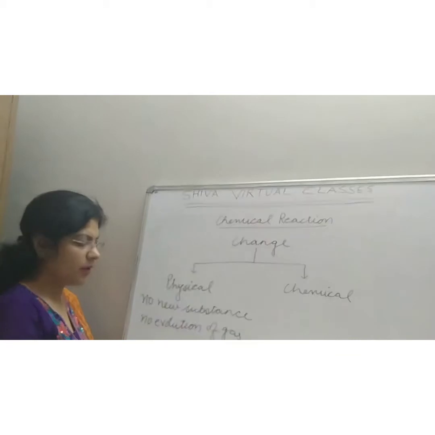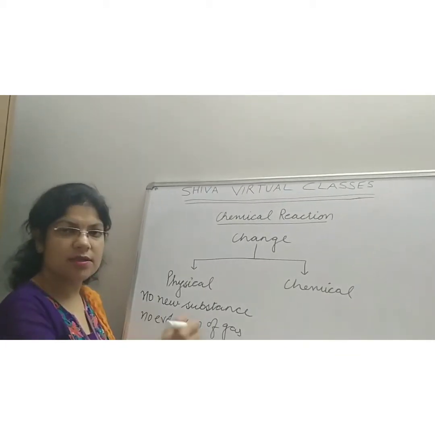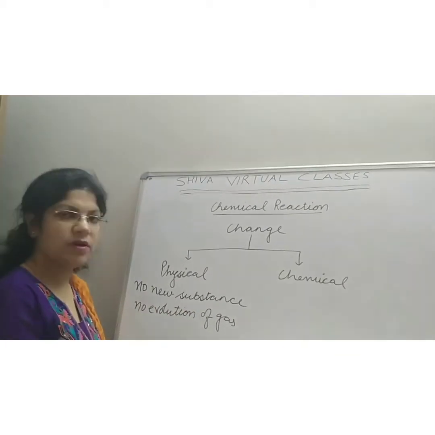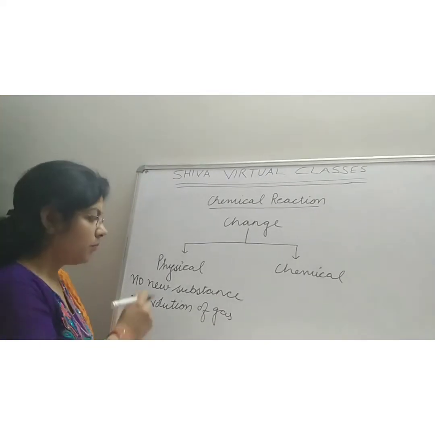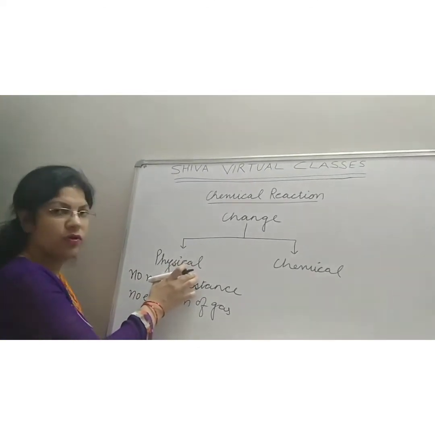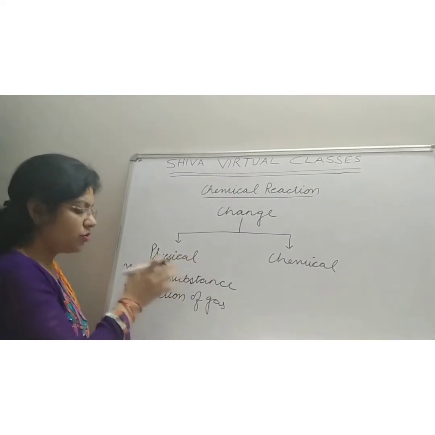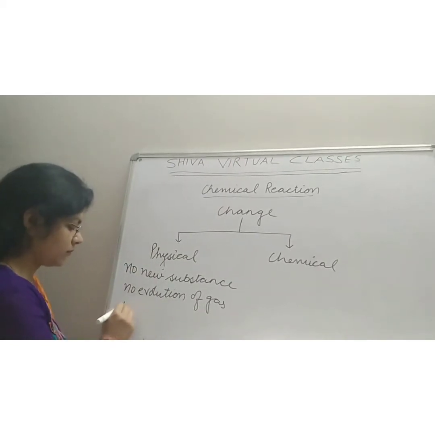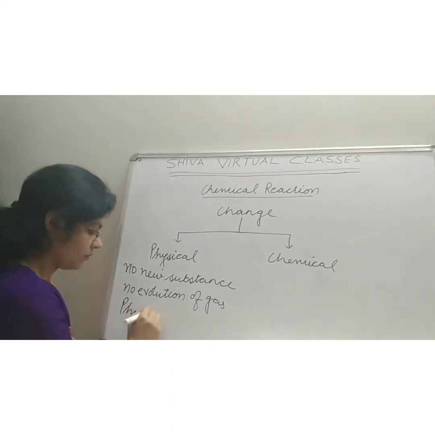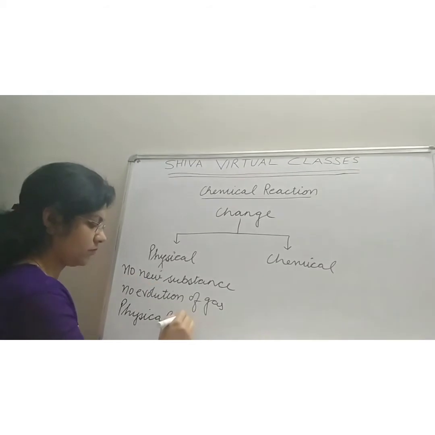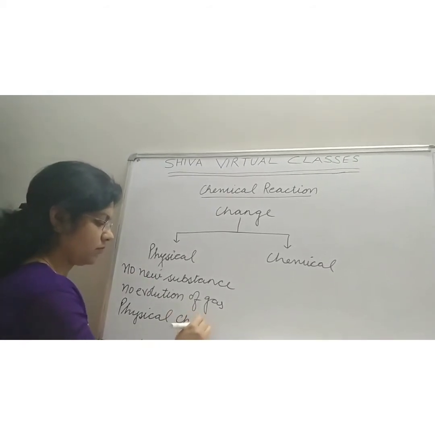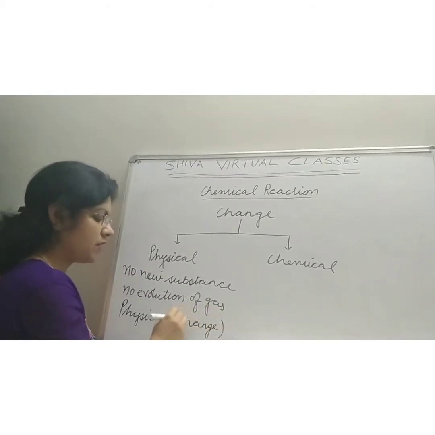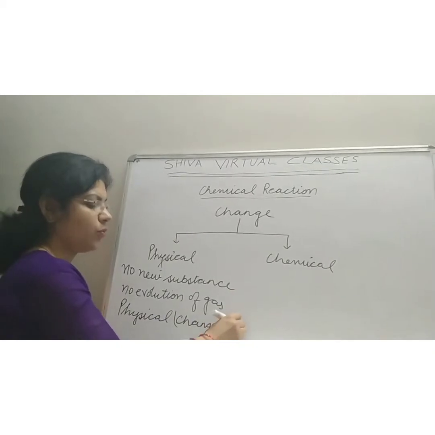For example, conversion of ice into water or conversion of water into vapors means only the physical state of the matter will change. Physical change means physical state will change.